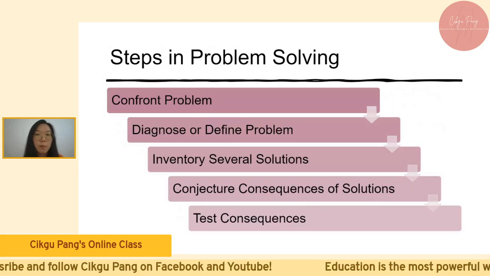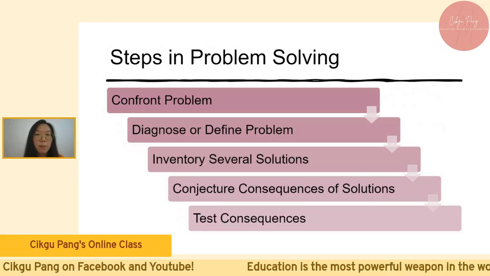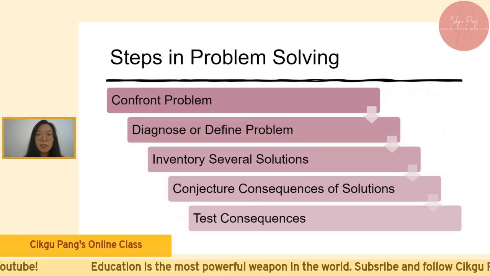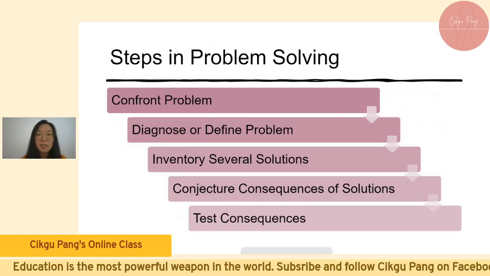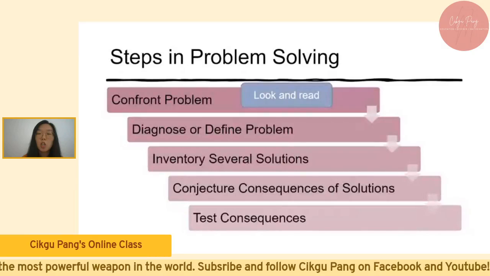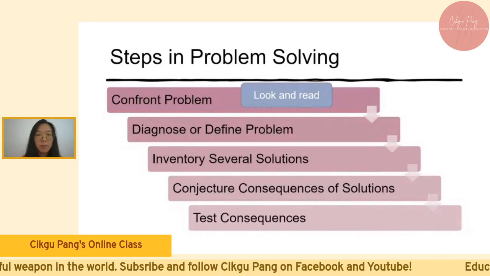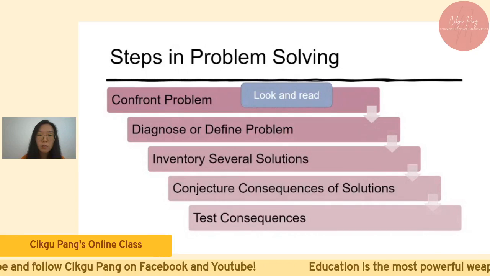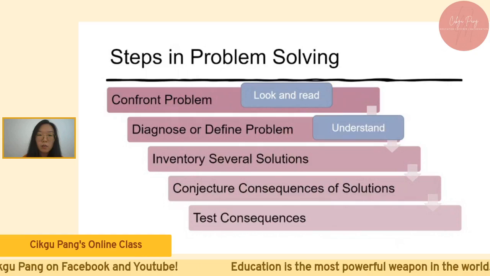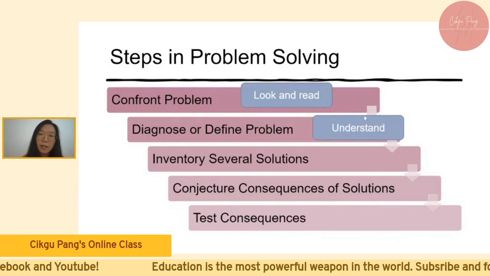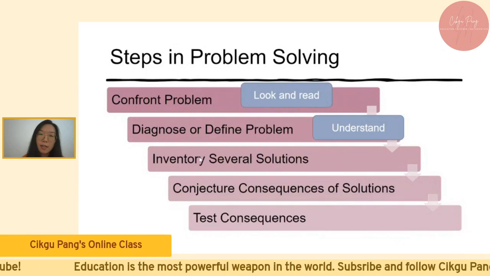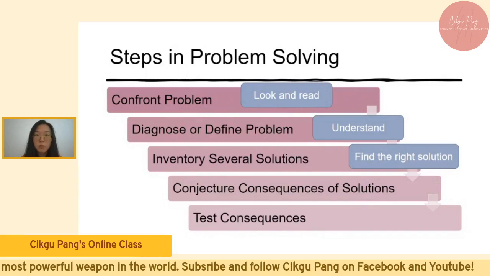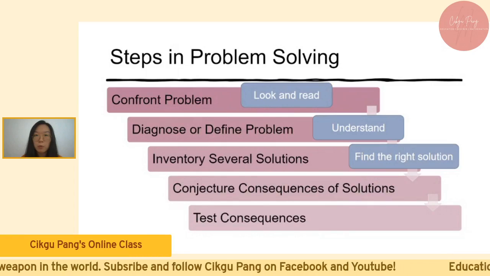Okay. All right, so this is the step in problem solving by using a John Dewey model, which is quite different from Polya model because it consists of 5 steps. So the first step is confront the problem. It is look and read at the question. The second step is diagnose or define the problem, so here you have to understand the problem. The third step is inventory several solution, means that you have to find the right solution, propose the right way to solve this problem.